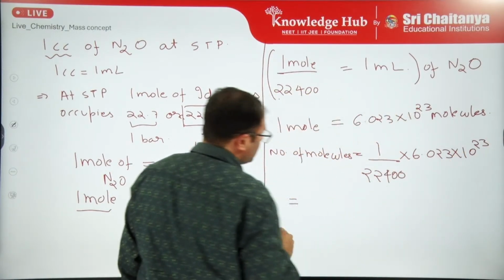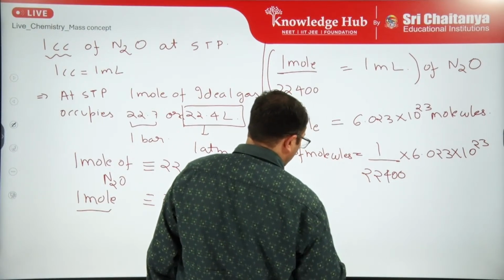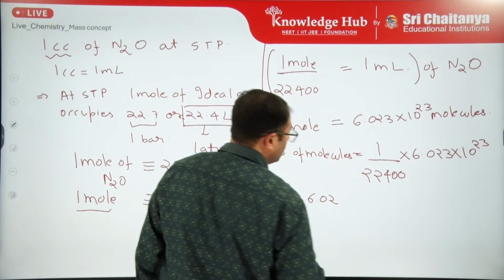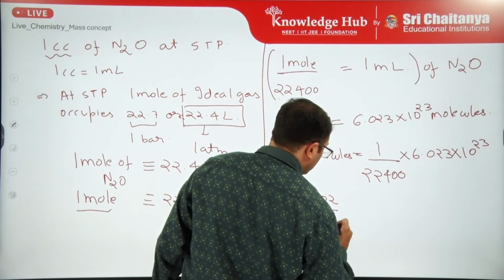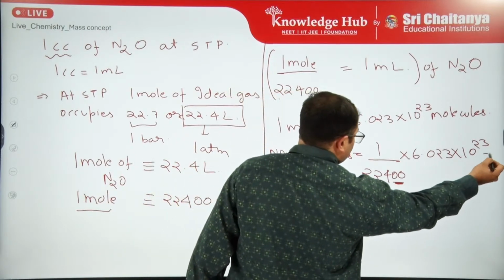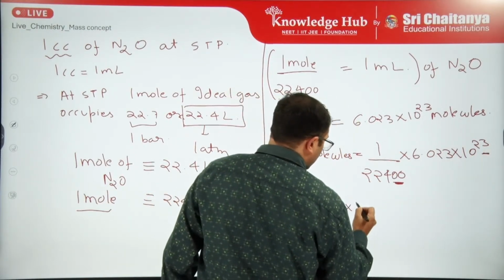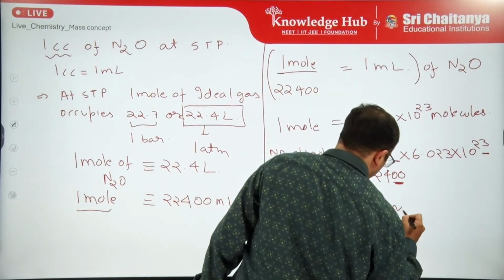So what answer can we get from this? We will get around 6.02 divided by 224, if I cancel these zeros out, into 10 raised to power 21 molecules.